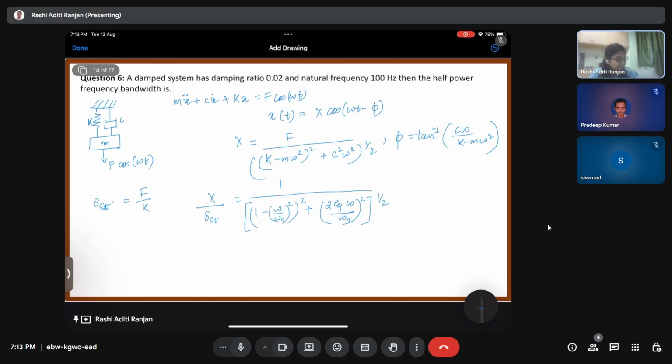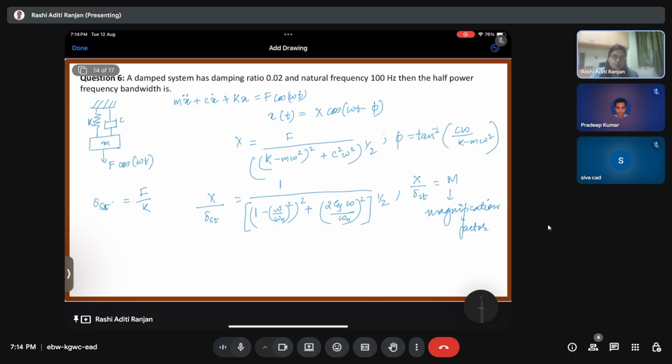Then we say that X by delta st can be written as M, where M is nothing but the magnification factor.